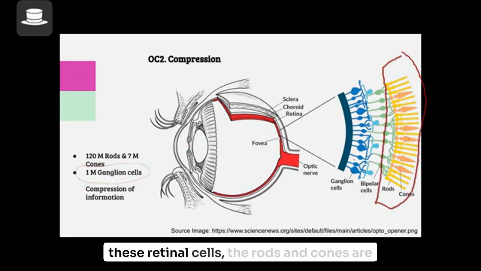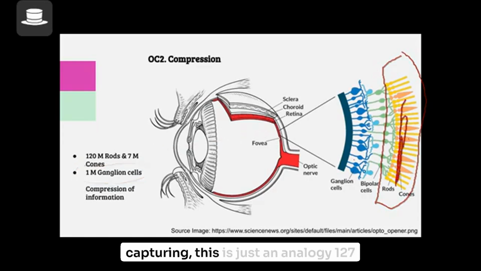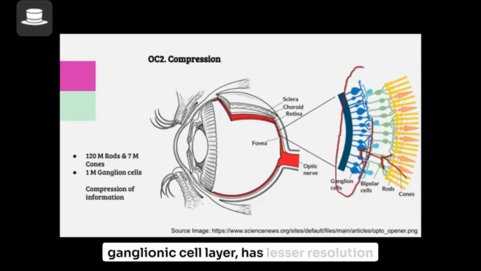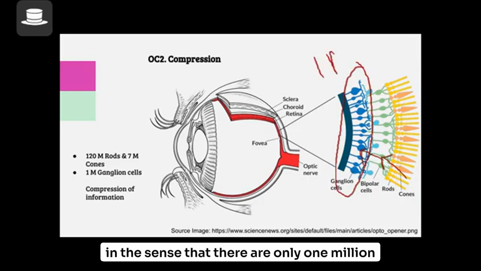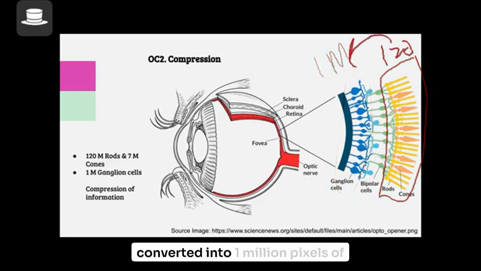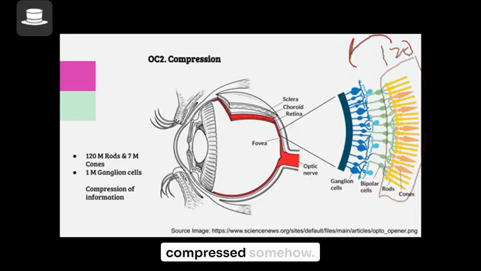These retinal cells, rods and cones, are capturing, this is just an analogy, 127 million pixels of information. But then once the information is sent to the ganglionic cell layer, it has a lesser resolution in the sense that there are only 1 million cells. 127 million pixels of information should be converted into 1 million pixels of information.